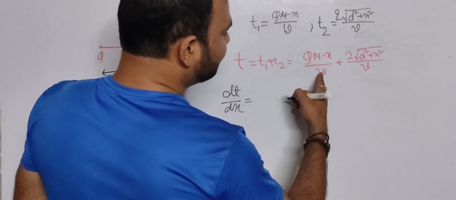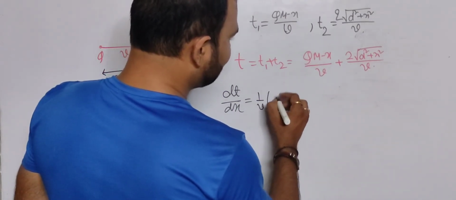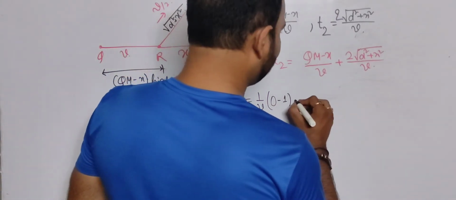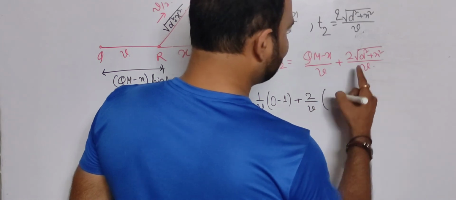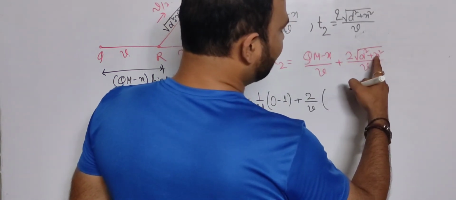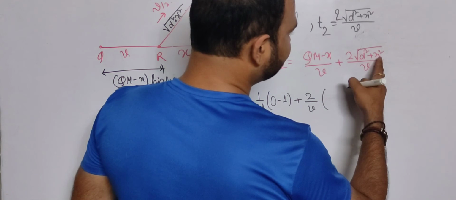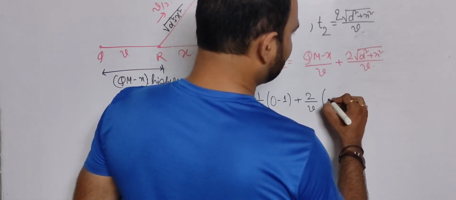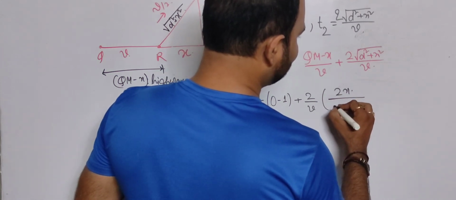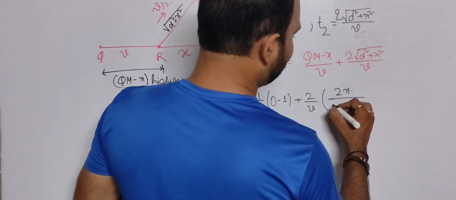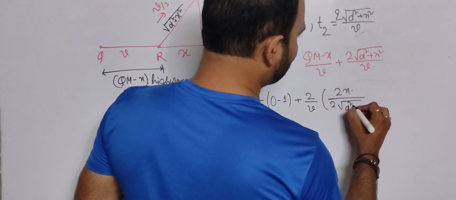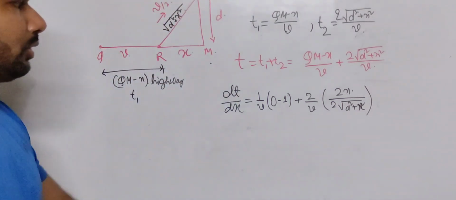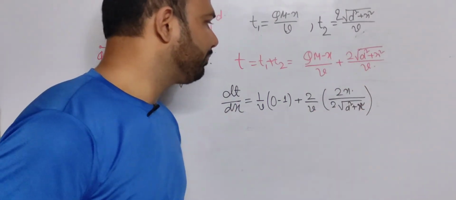If we differentiate this, 1 by v is constant, so this is 0 minus 1, plus 2 by v is constant, root over this, 2x by 2 root over d square plus x square. I am not showing all the steps, so I am going directly.